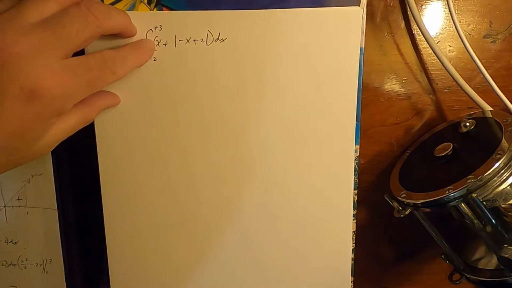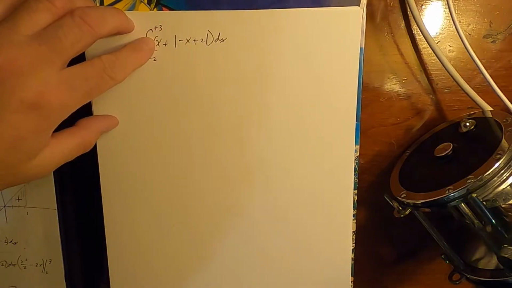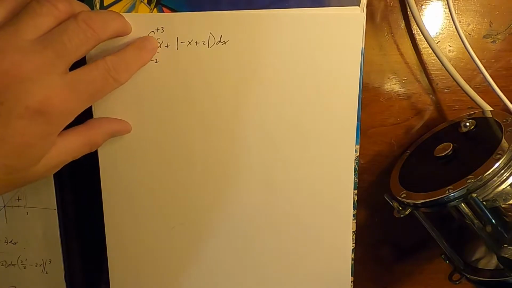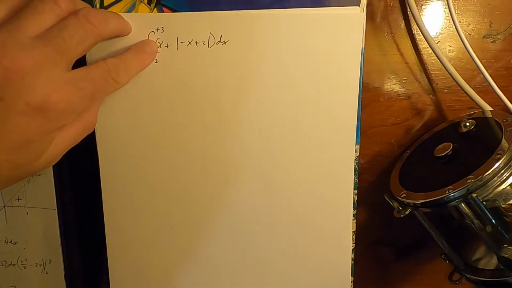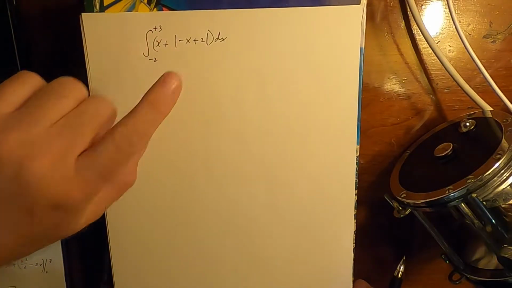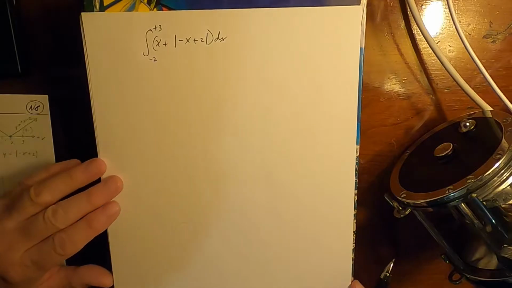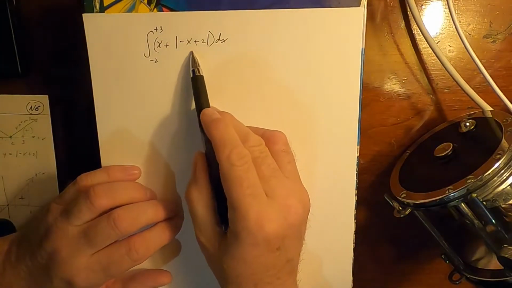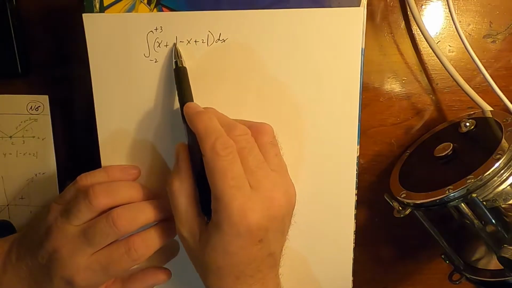The x here, whether positive or negative, will net out, and both will take care of each other as a typical integral. But this absolute value presents a problem.